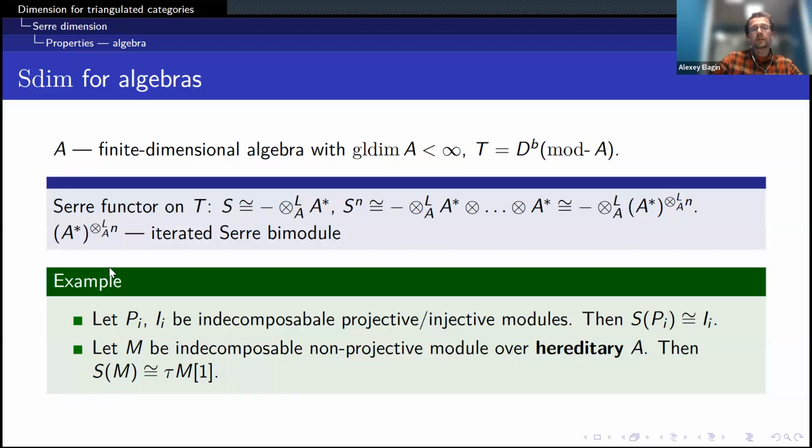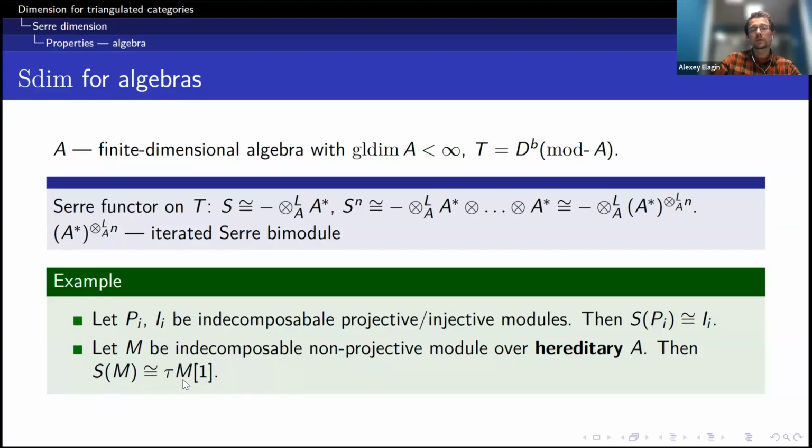Here I have some comments on how the Serre functor behaves when we apply it to some modules. Serre functor sends indecomposable projective modules into indecomposable injective modules. And if algebra A is hereditary, and we take a non-projective indecomposable module, then the Serre functor sends it to the translation of this module shifted by 1.